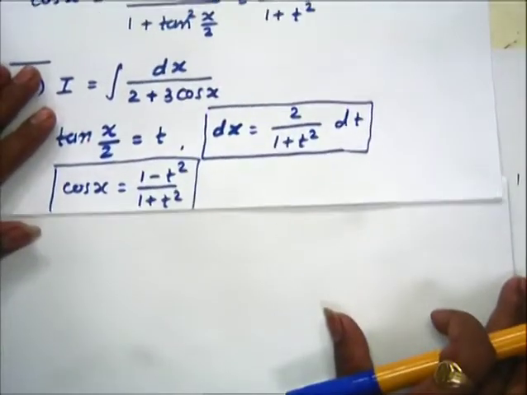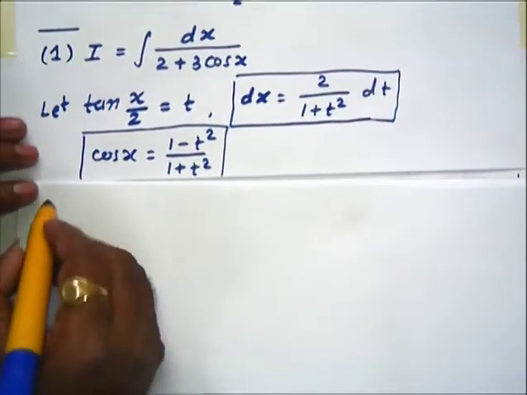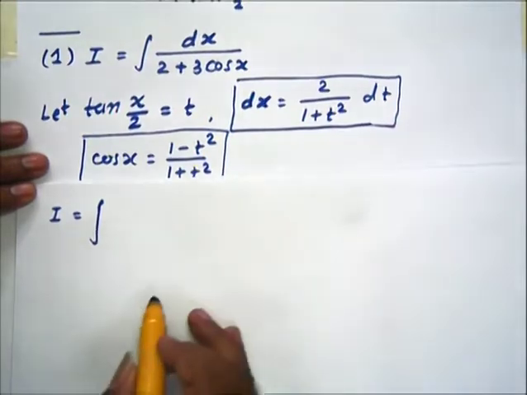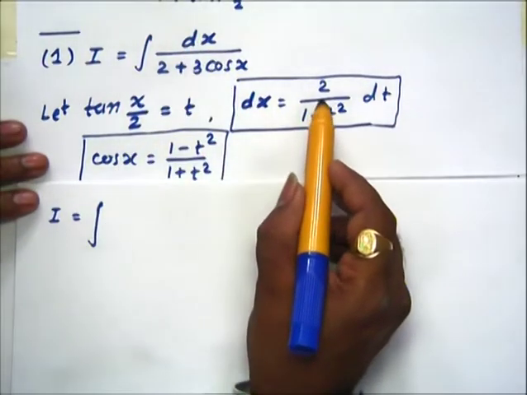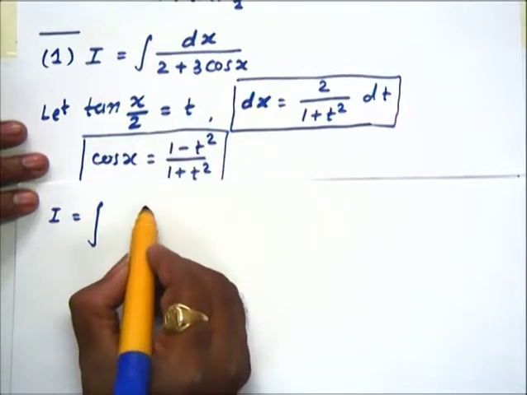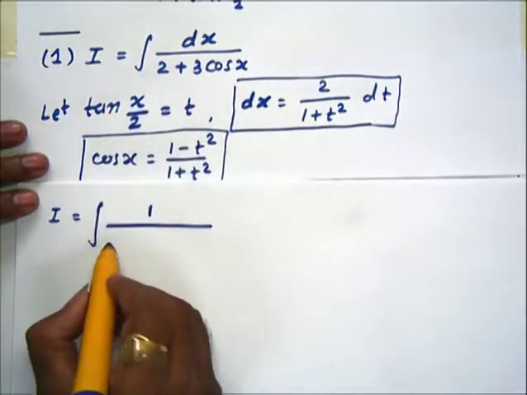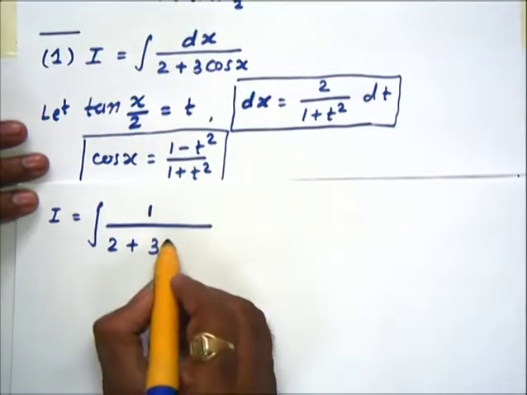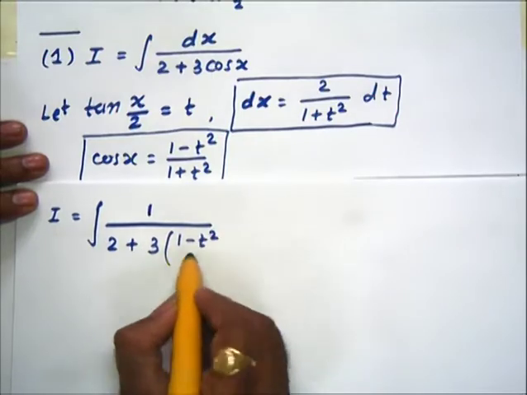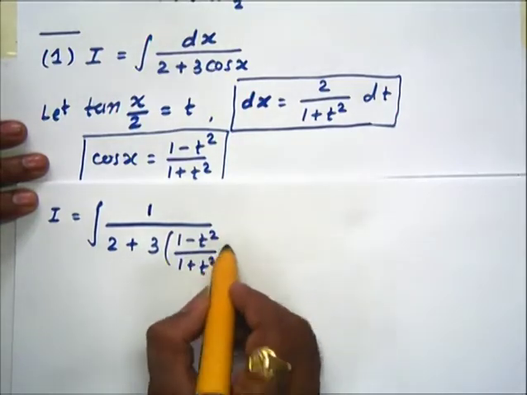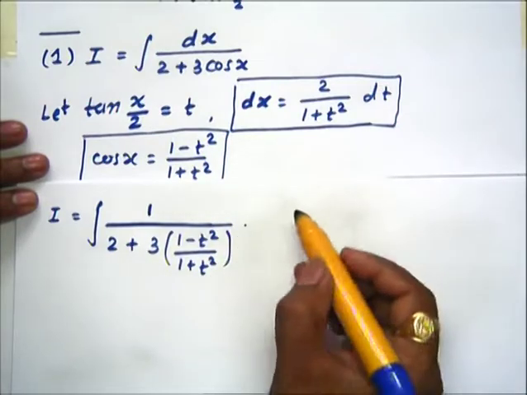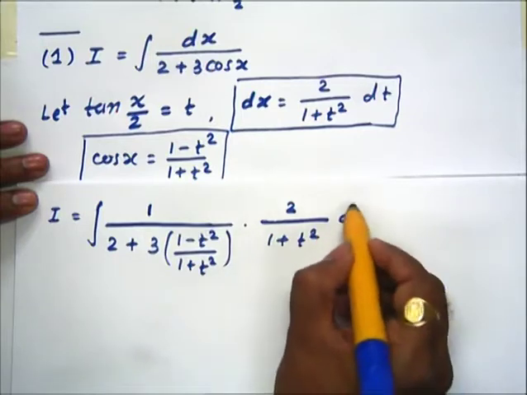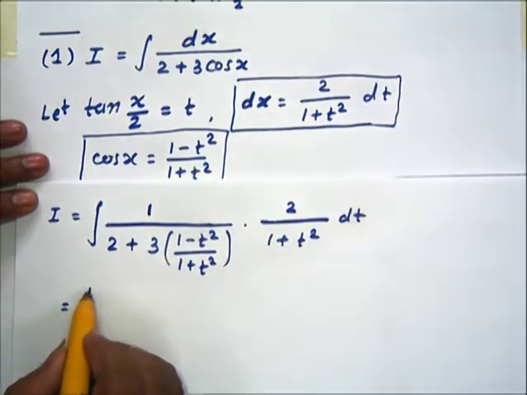So we have I equal to integration of 2 upon 1 plus t square dt, divided by 2 plus 3 into 1 minus t square upon 1 plus t square. Now let's simplify this.